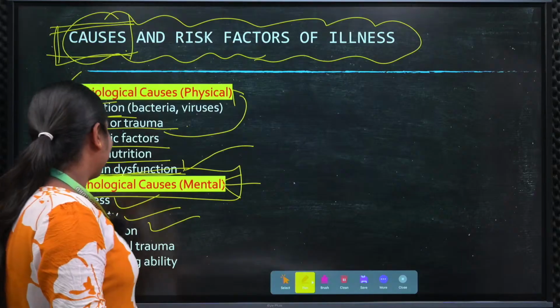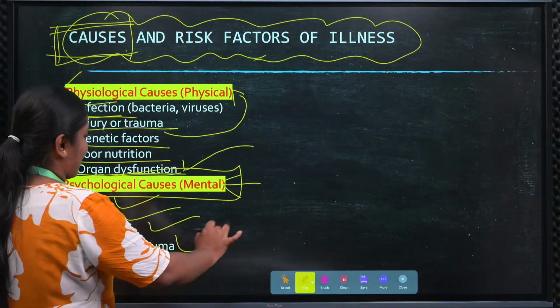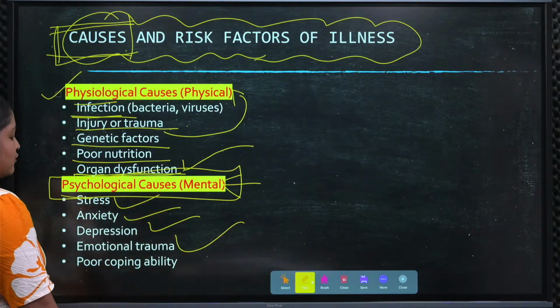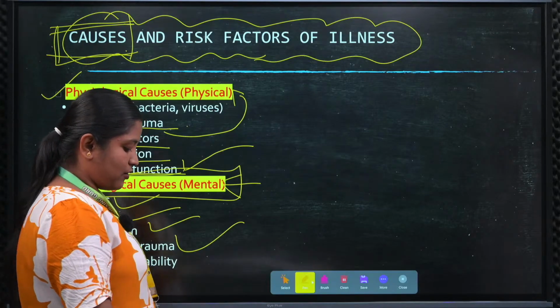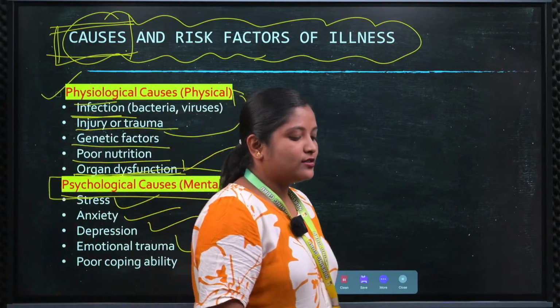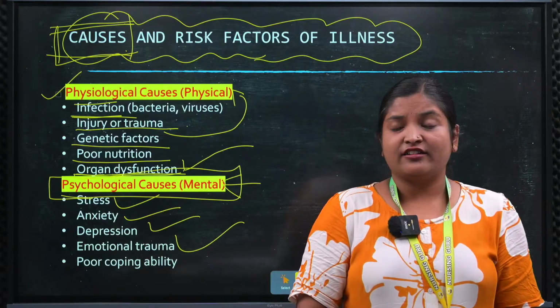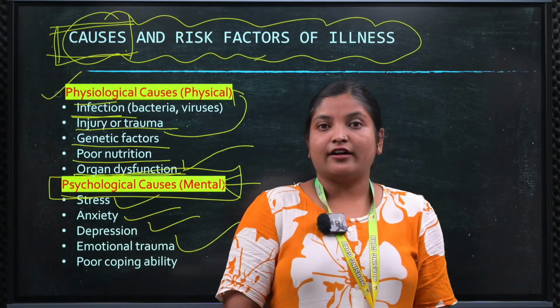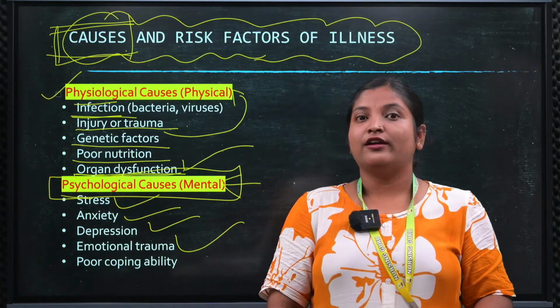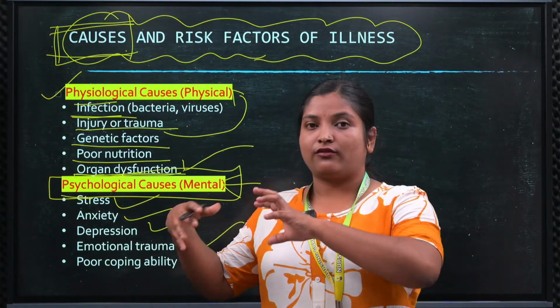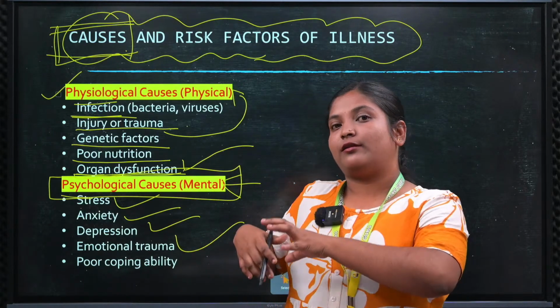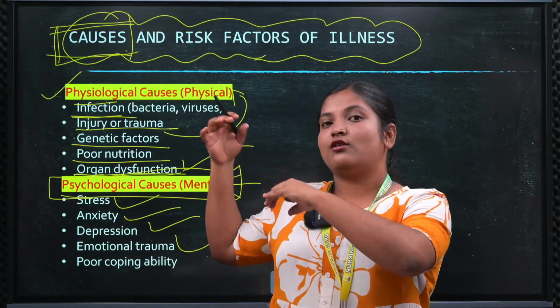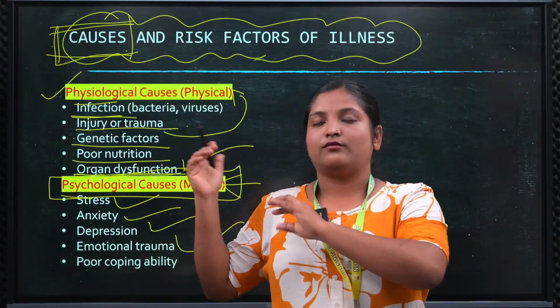The next one is emotional trauma. Emotional trauma is also a very important cause, because nowadays you can hear about childhood trauma and so on. If your parents are fighting, that can trigger things in your upbringing, in your future.